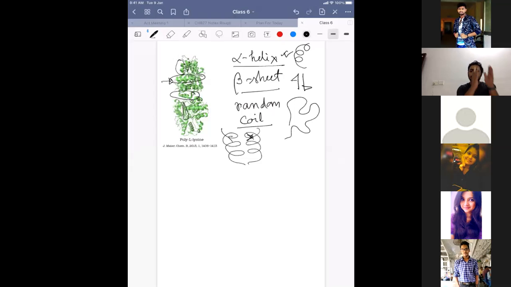Again, the same thing, whether it is parallel or anti-parallel, depending on that, it is creating a directionality. It makes sure that this protein backbone will be staying in this particular direction.